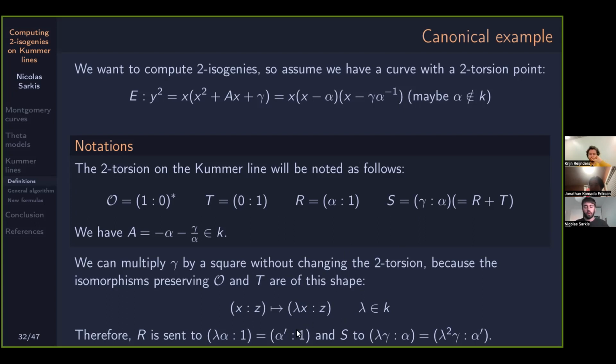But if you multiply alpha by a constant lambda, you multiply gamma by lambda squared, and it's still the same curve. This will be useful in some next slide.